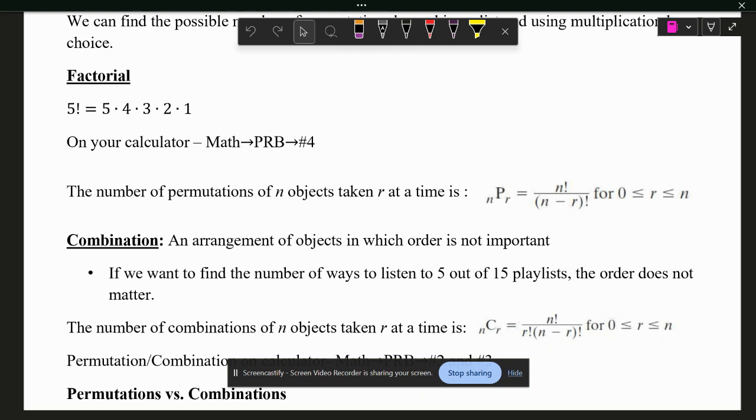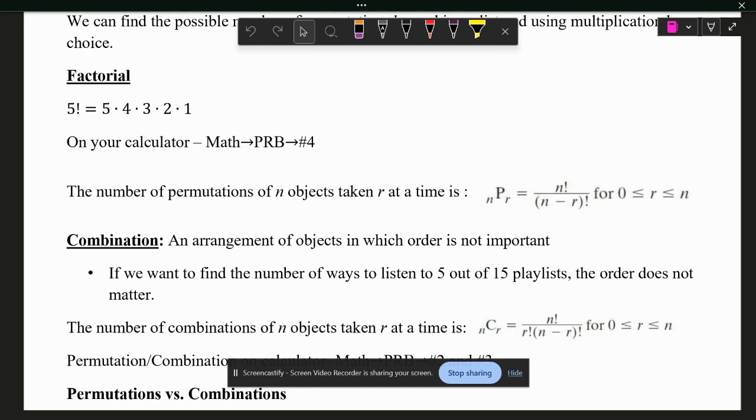Okay. And both of these, if you look, you see that there's two different formulas, and you see this exclamation point. The exclamation point in mathematics means factorial. The way that a factorial works is it's a shorthand way of multiplying every number that precedes the number of the factorial. So for example, in this one, 5 factorial means 5 times 4 times 3 times 2 times 1.